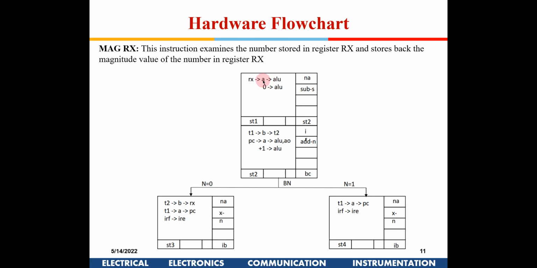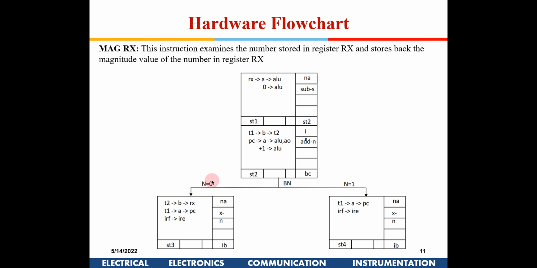If A was a positive number, then when you do 0 minus A, you will get a negative number, so N is equal to 1, meaning negative is equal to 1. So you are checking the flag also. Suppose A is a negative number, when you do 0 minus A, you will get a positive number, because A is negative.